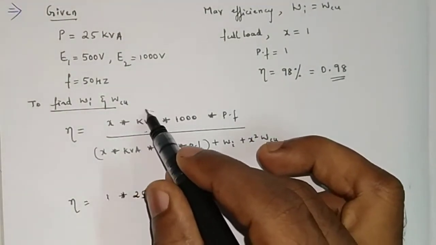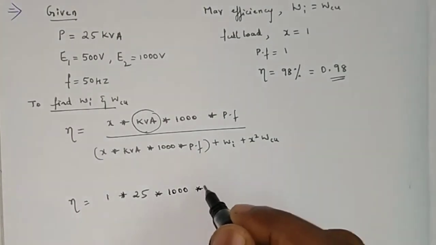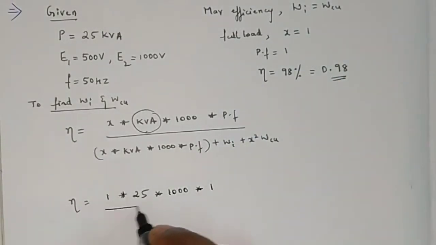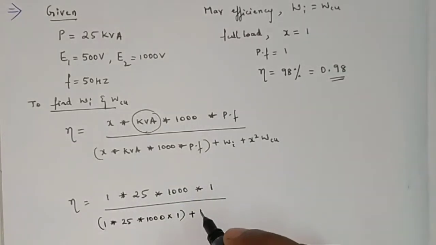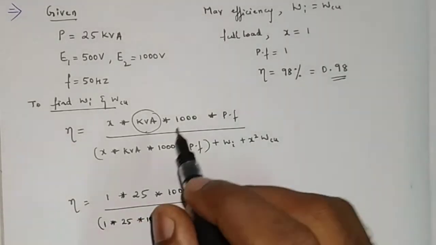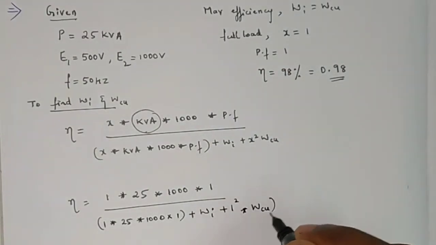So in the place of kVA, substitute 25 into 1000, which is already there in the formula, into power factor, given as unity, that is 1, divided by the same thing, x that is 1, into kVA is 25 into 1000 into 1, plus iron loss, write it as it is, plus x square, x is 1, so 1 square into copper loss.